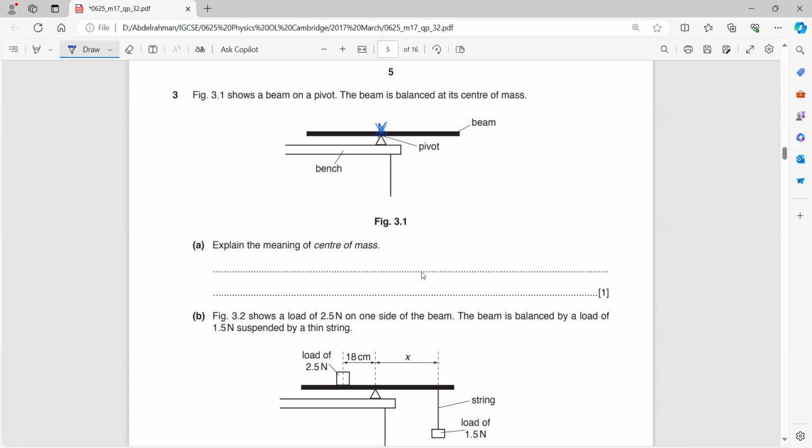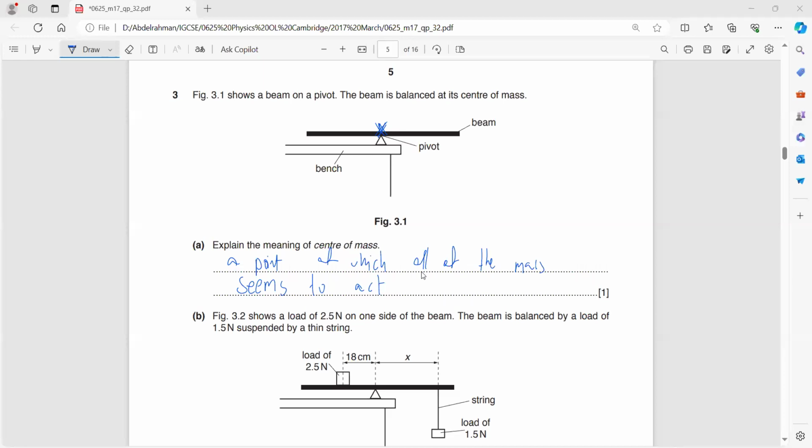It's a point at which all of the mass, I'll write it down, a point at which all of the mass seems or it's as if it acts at this point. Seems to act. Why am I saying seems to act? Because definitely not all of the mass is at this point.